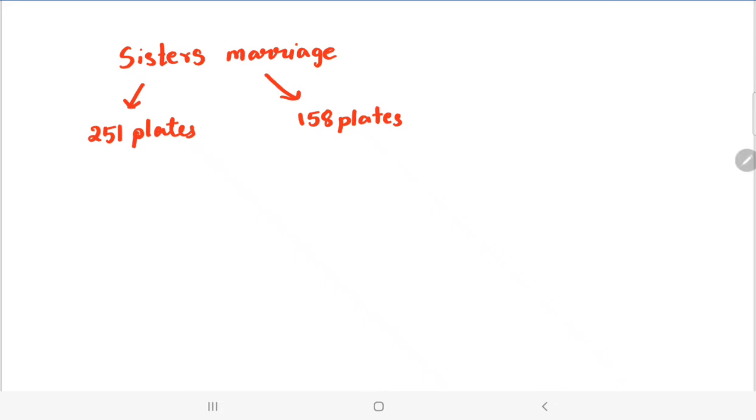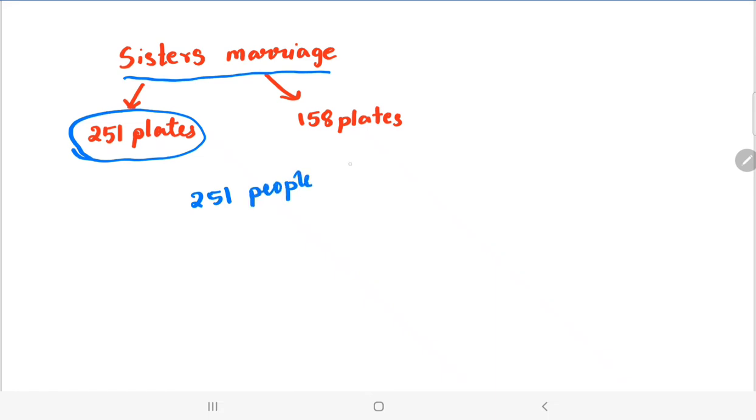Here what happens is, you are at your sister's marriage. Now your father will first tell you to bring 251 plates, because 251 people or guests have come to your sister's wedding.